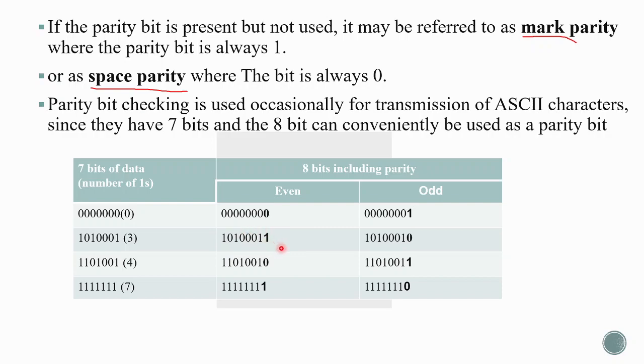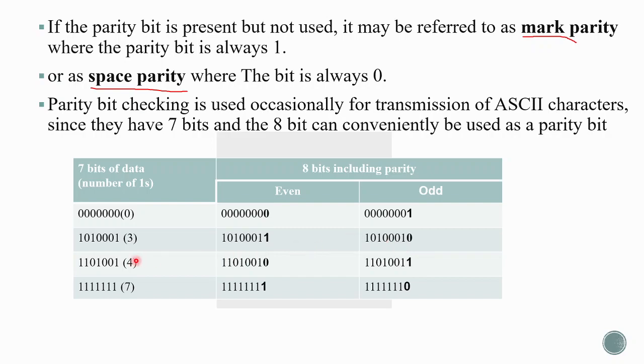In case of odd parity, what do we have to do? We have to add a 0, right? Because if we add a 1, our total number of ones will be 4. But for odd parity, we need the total number of ones to be an odd number. So here I have added a 0. Then our total number of ones is equal to 3, which is an odd number.